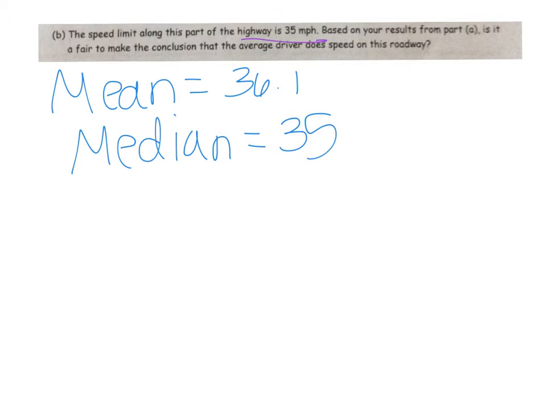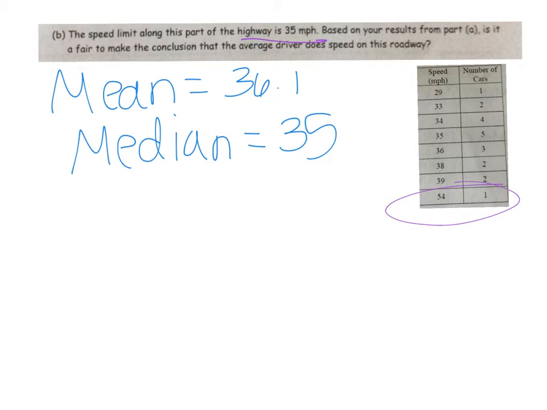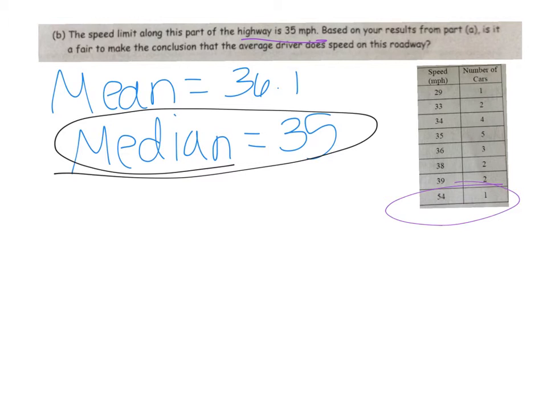Because we had one number, that 54, that was so far away from the other data set, we want to go with the median. That 54 is what we're going to learn to be called an outlier. And whenever there's an outlier, the median is your best indication of your data value. So to answer the question, if the speed limit is 35 and I look at the average speed using the median, it is 35.